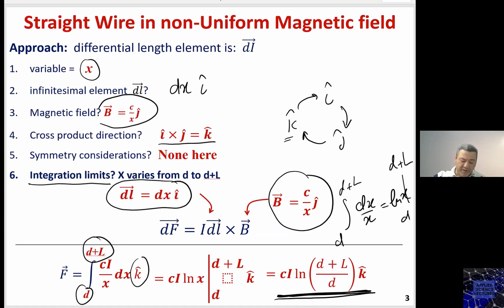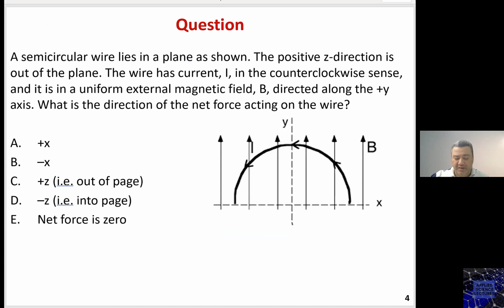Now let's move on to the second case where we have a uniform magnetic field. However, the wire has been made as a circular path, as you can see here, with this direction. So we have a semicircular wire that lies in a plane as shown. It lies in the xy plane, and we have the z pointing out of the page, as you can see here.